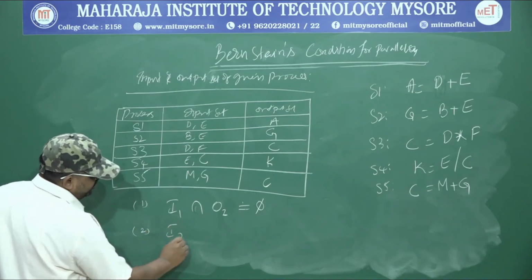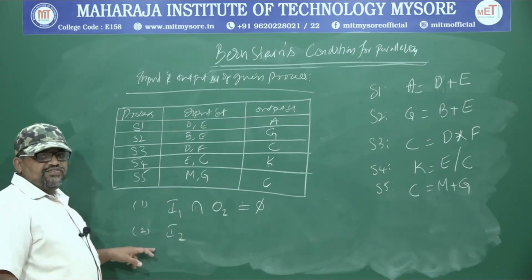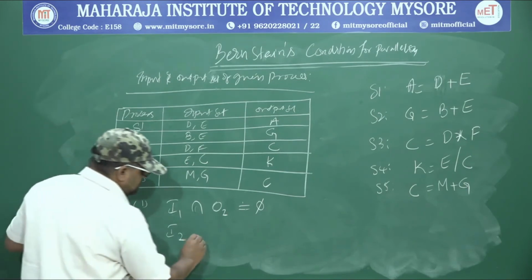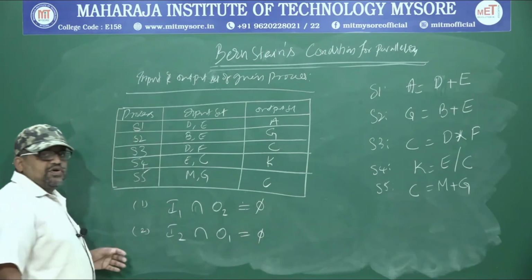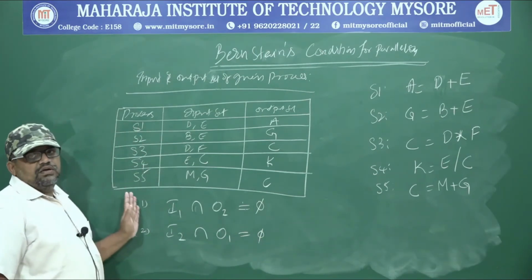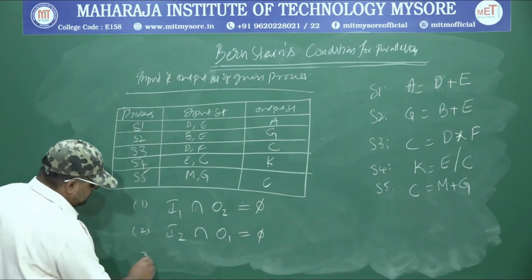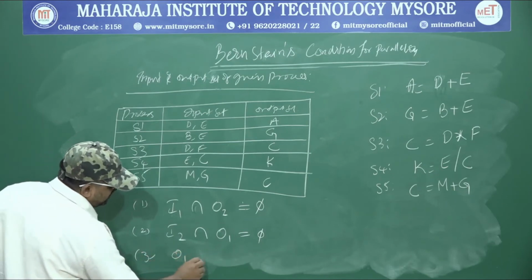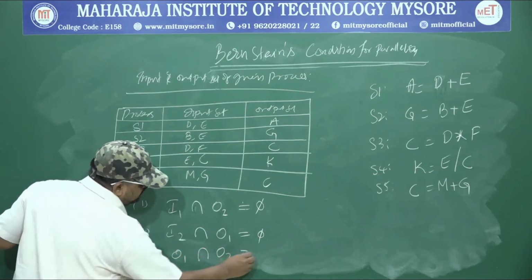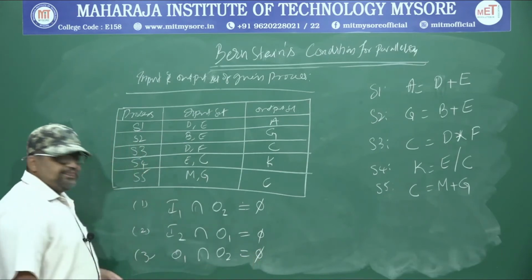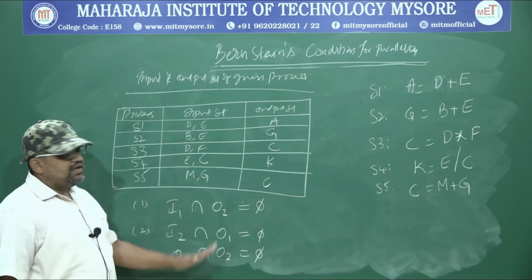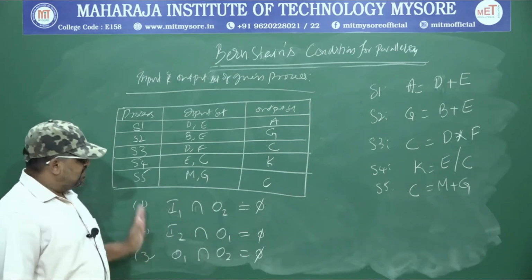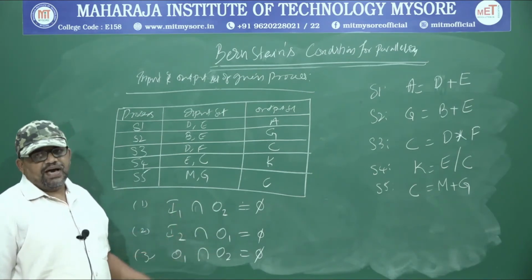Condition 2, input set of second processor intersection of output 1, again it should be equal to null because there should be no common variables there. The third one is output 1 intersection of output 2, again it has to be null. So if you satisfy these 3, then you could say those two processes are executable in parallel.